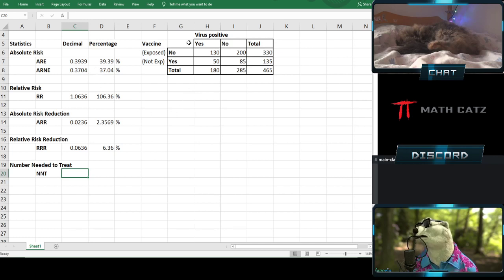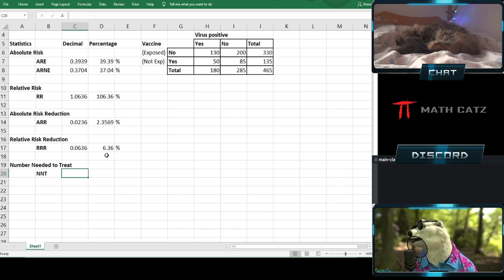In addition, if people are exposed to the risk, in this case by not receiving the vaccine, their chances increase by 6.36%. So of this group, there's a portion, 6.36%, for which the virus could have been avoided by giving them the treatment.